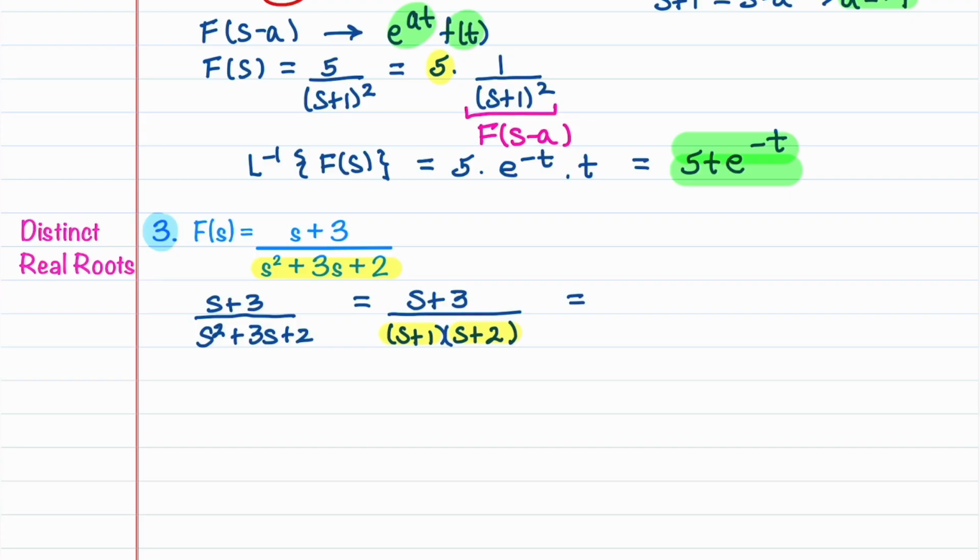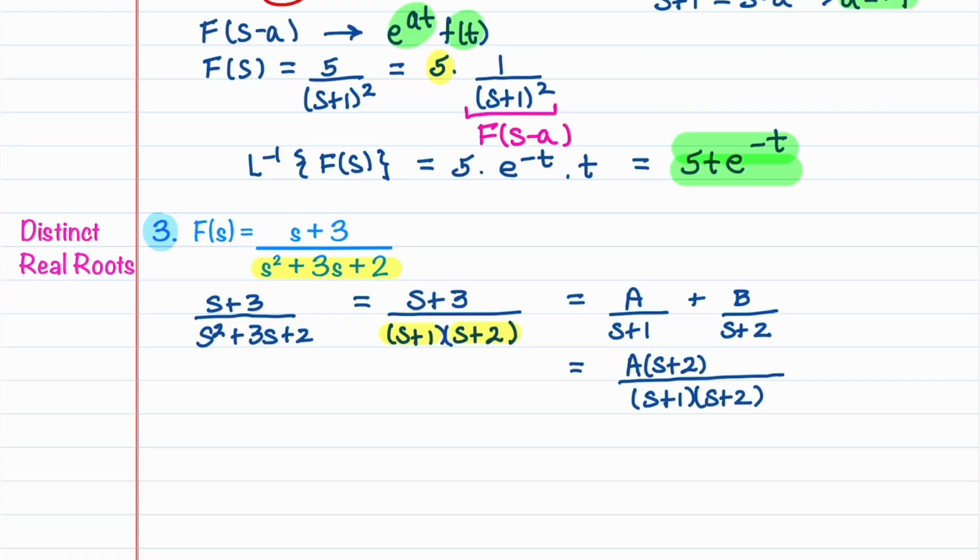We're going to write this as A divided by (s + 1) plus B divided by (s + 2). Now we're going to recombine it. (s + 1) times (s + 2), and we have A times (s + 2) plus B times (s + 1).